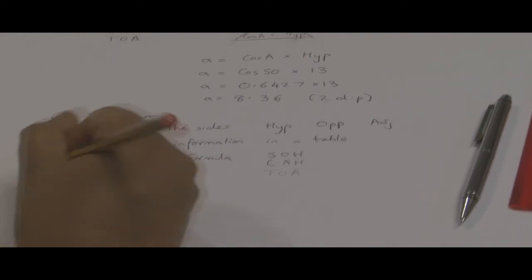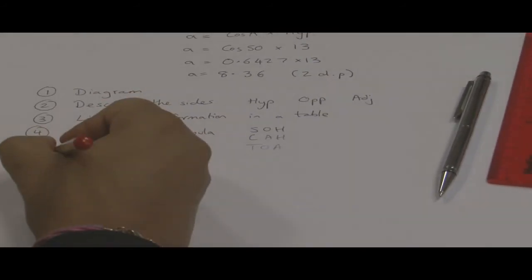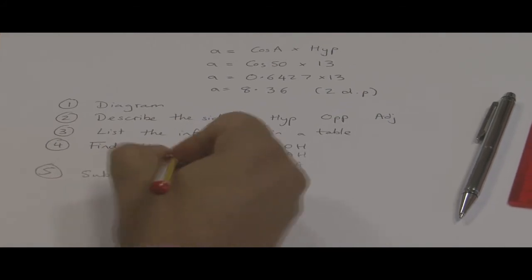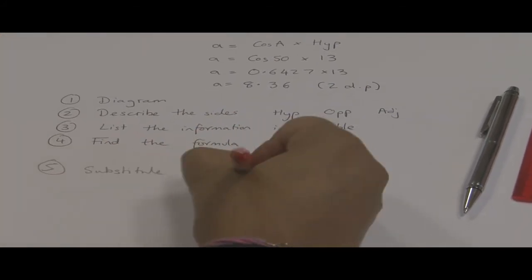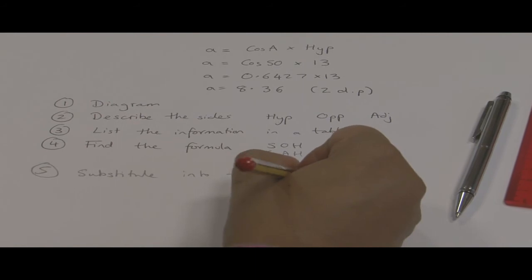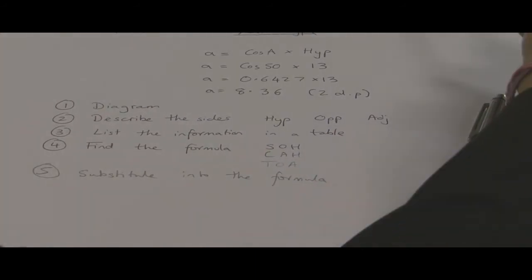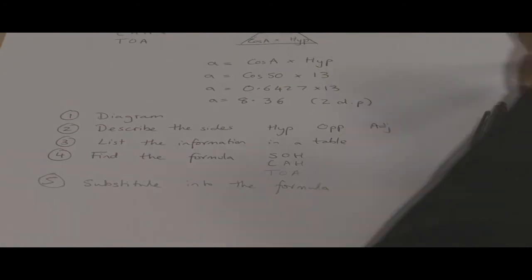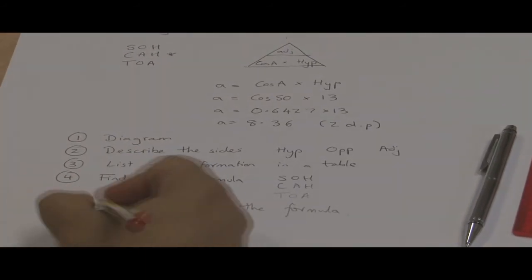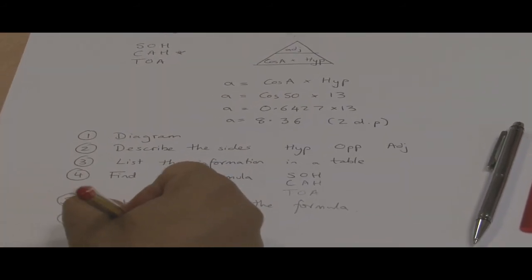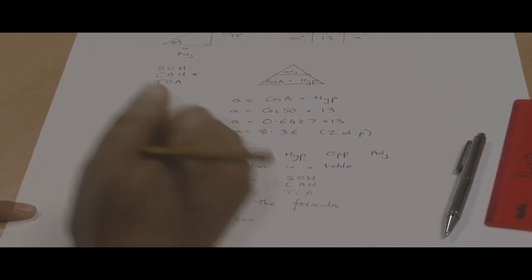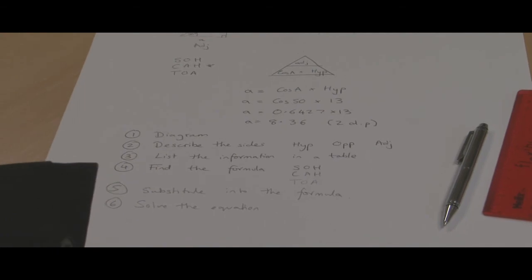Step 5, we substituted into the formula, taking the values from our table and putting them in. Then we solved the equation. That's our 6 steps.